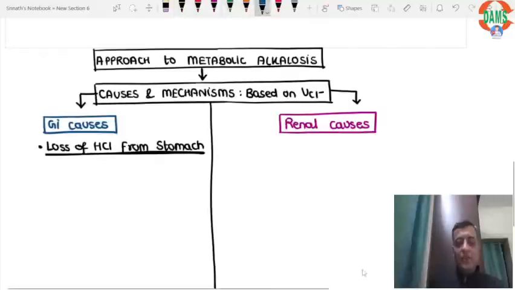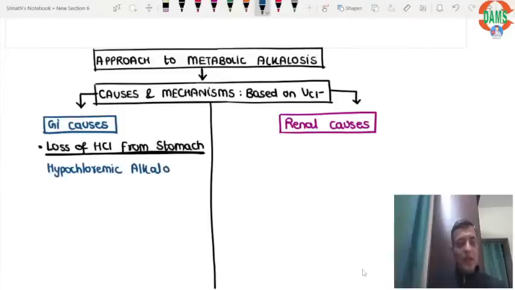That leads to the development of hypochloremic alkalosis. So the GI causes are also known as the causes of hypochloremic alkalosis.